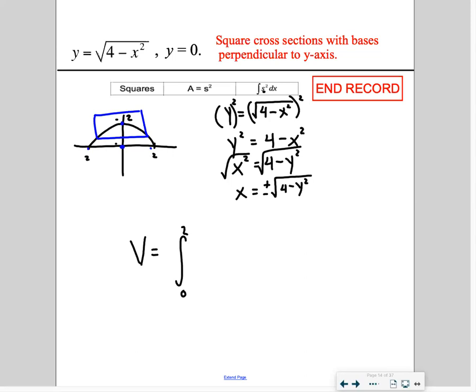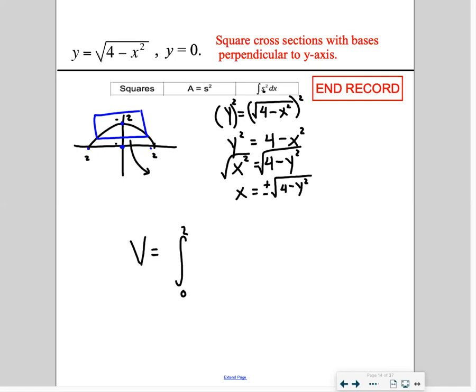Okay. So what's this side length? Yeah, Misha. Well, it depends on the function, right? If it's like 9 minus x squared, it would be 3. Right. Yeah. Okay. So we just have to write our side length squared, right? Length times width. So the key here, though, is our side length. This is plus or minus square root of 4 minus y squared.